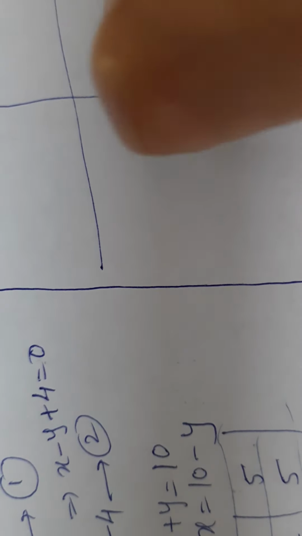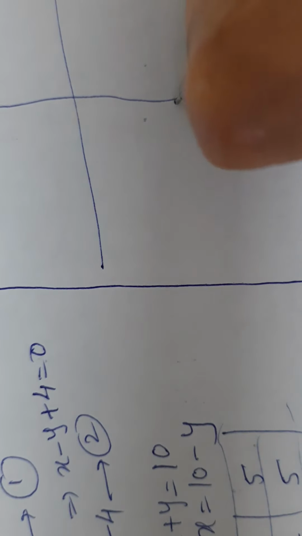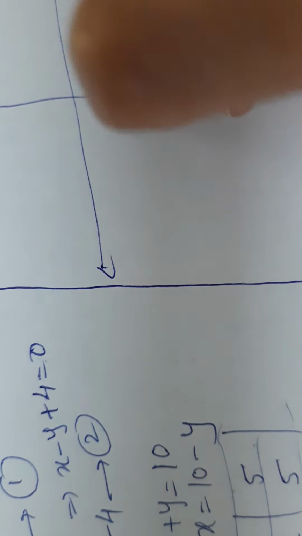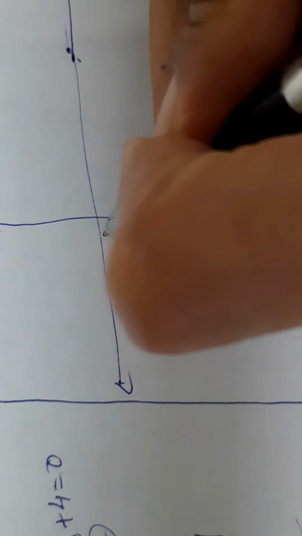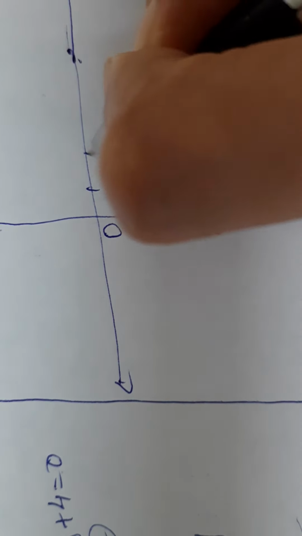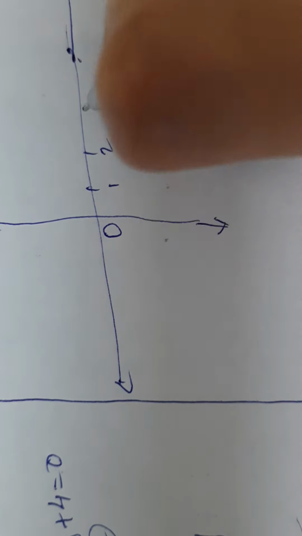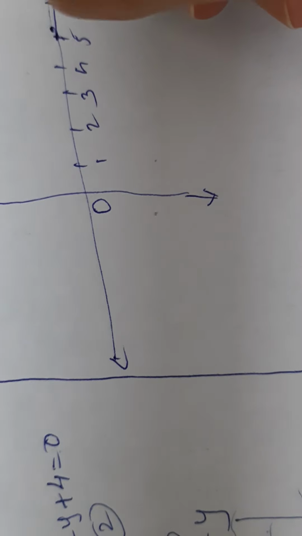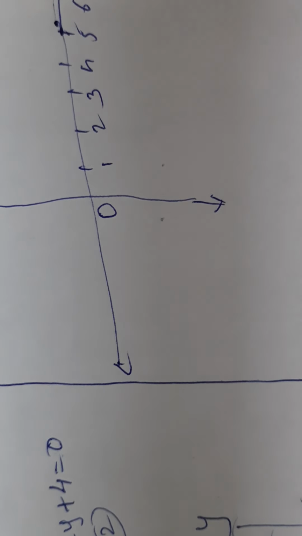This will be 0, 1, 2, 3, 4, 5, 6, 7, 8 and so on.